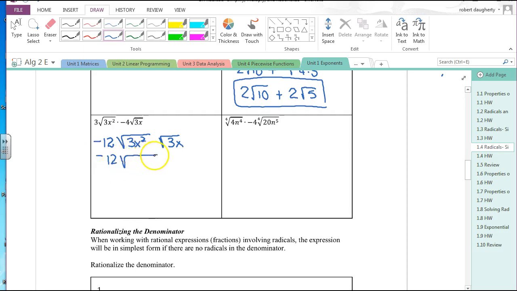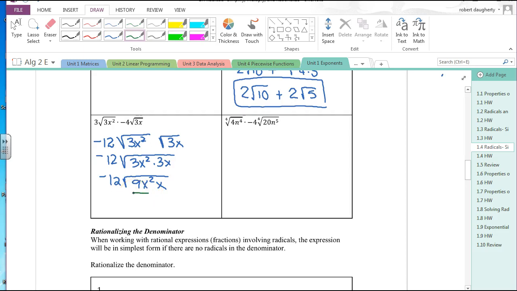This is negative 12 times the square root of 3x squared times 3x. Okay, that's negative 12 times the square root of, and I'm going to write this as 9x squared x. Why do I write 9x squared x? Yeah, because now, which of these things is a perfect square? This, okay?